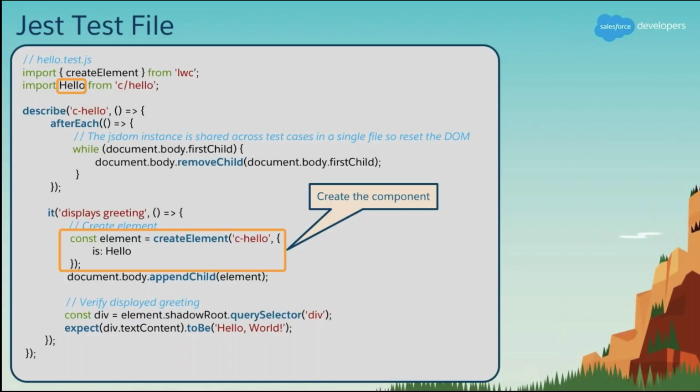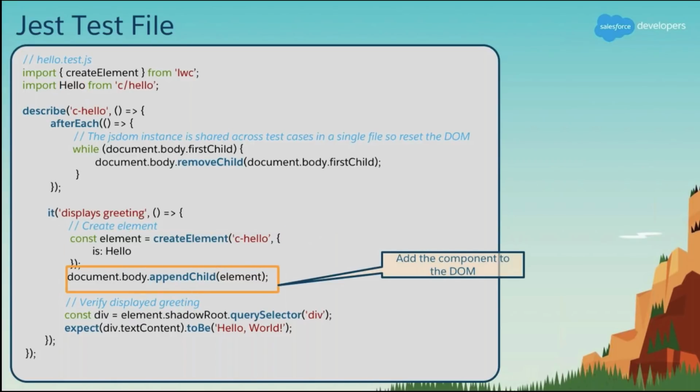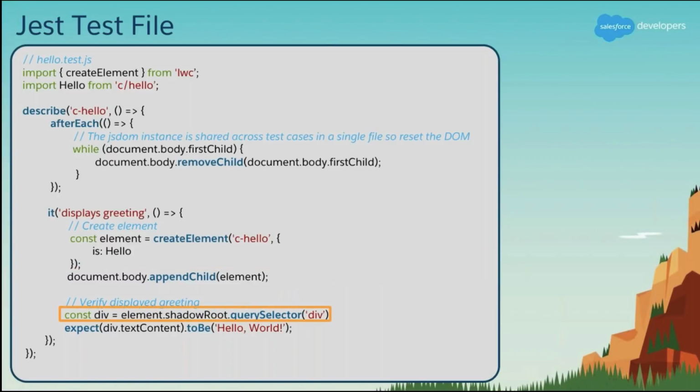In this case, we are creating an element for the hello component. You can notice that I'm taking hello from that import. Whatever I got as an ECMAScript module, I'm creating an element called c-hello here. Once we create that element, we can append it to the JSDOM by calling document.body.appendChild, which is going to add your element to the local JSDOM. Then we can query the elements from the local JSDOM using element.shadowRoot and calling the querySelector method.